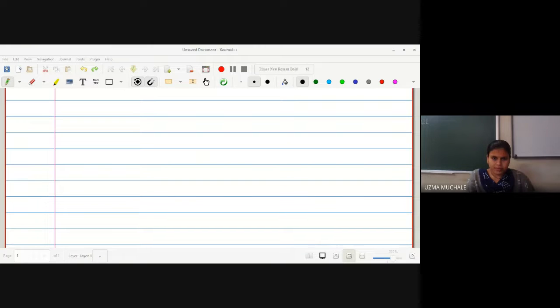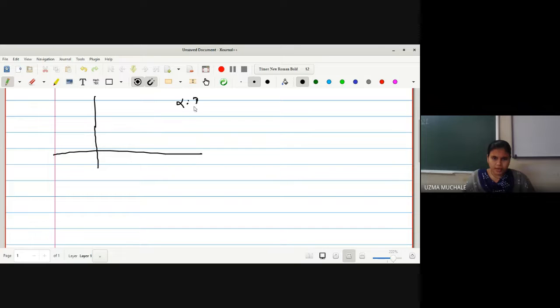Alpha is a curve from I to E3 whose parameterization can be written as alpha of u equal to g of u, h of u, and 0. Let alpha be a curve from an open interval I to E3, and here in E3 we have a curve that can be revolved now.